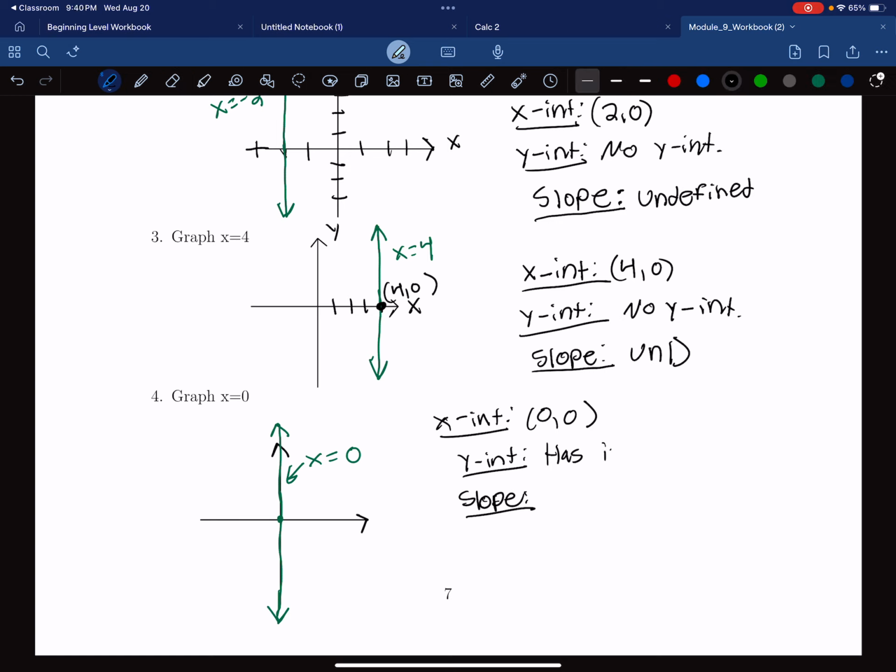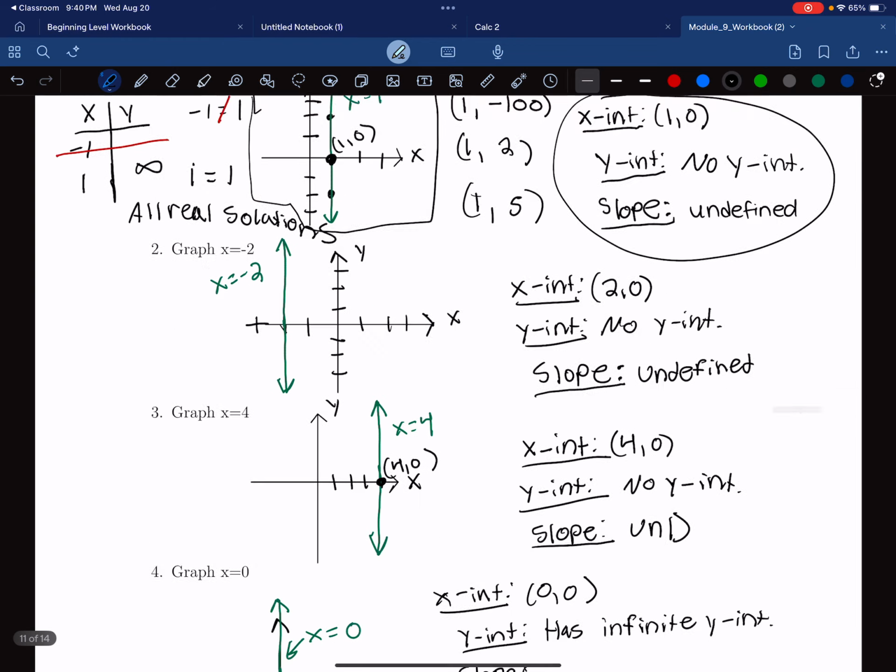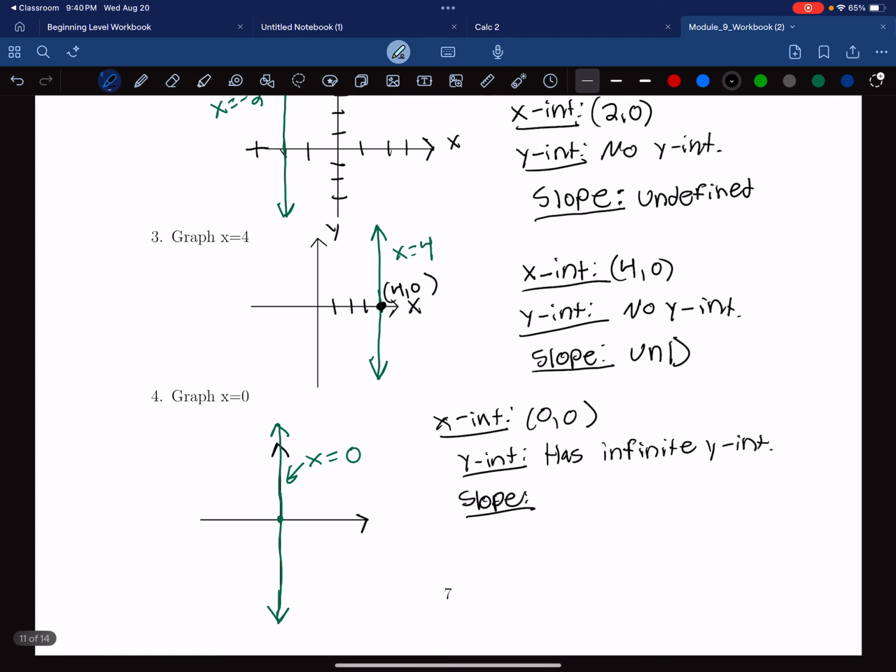Okay. And then for our slope, just like we've always seen, it rises forever and there's no run, so the slope is undefined.